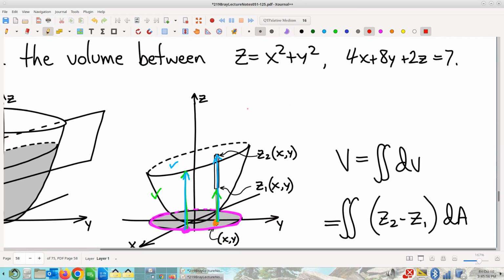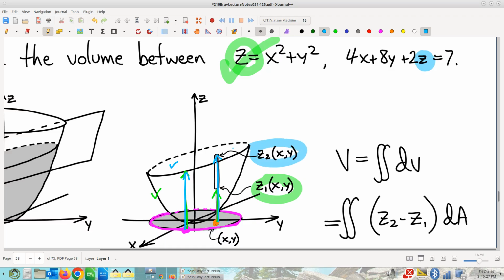Okay, let me rewind that a little bit. For points in the interior of the domain, blue is greater than green. For points on that boundary, the boundary curve that we're interested in, the blue and the green heights are the same. Said differently, Z1, which comes from the paraboloid, is going to equal Z2, which comes from the plane.